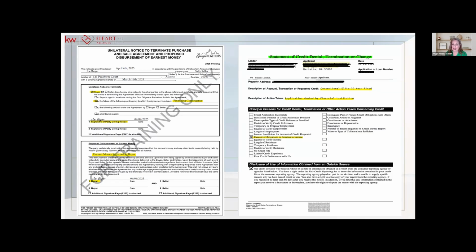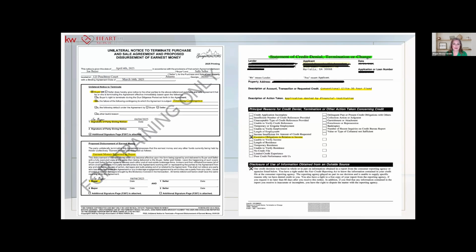Now, we do have a mutual termination form in our GAR forms. It's not a doing doc. It's an asking doc. When do you use the mutual termination rather than this doc? When you're asking someone to voluntarily terminate.